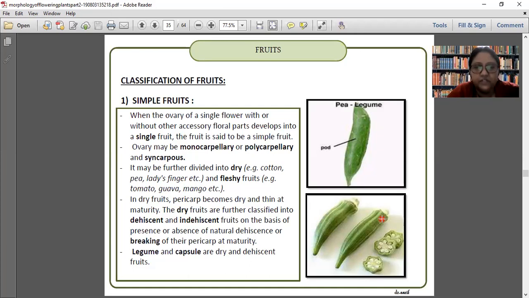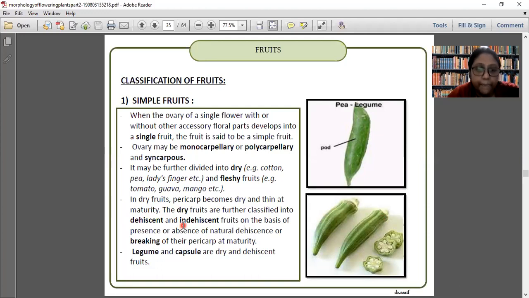Now it can be further subdivided into dry. For example, in case of ladyfinger, it is dry. And fleshy fruit like tomato, guava, mango, these are fleshy fruit. Now these dry fruits can be further classified into dehiscent and indehiscent. What is this?